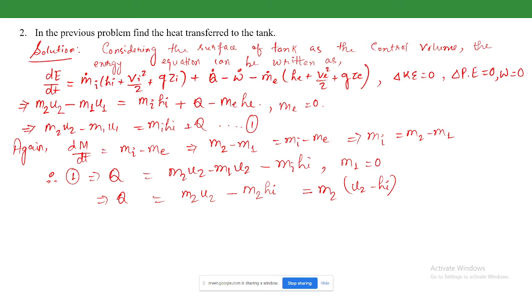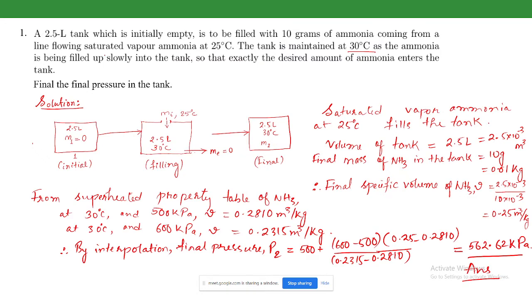Okay. Now, what is u2? And what is hi? Let us first start with the inlet enthalpy. Now, inlet is saturated vapor ammonia at 25 degrees Celsius.